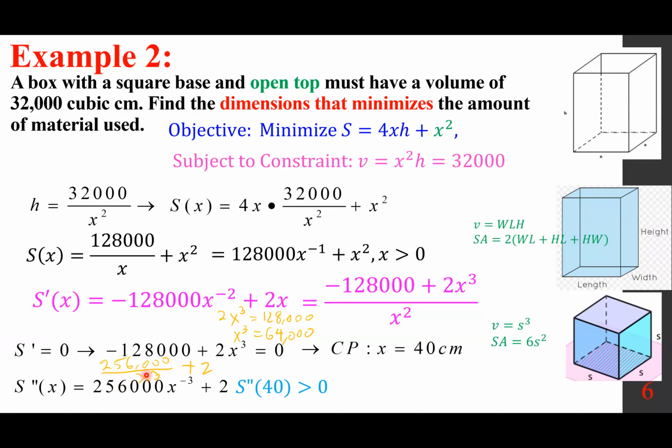Although it's easy to see that's 4 and 2, this becomes 6. Concave up, because it's positive, that means minimum. Okay, so it looks like that, concave up. So that's the minimum. The minimum occurs when x is 40.